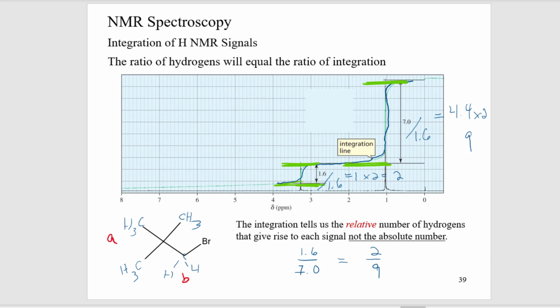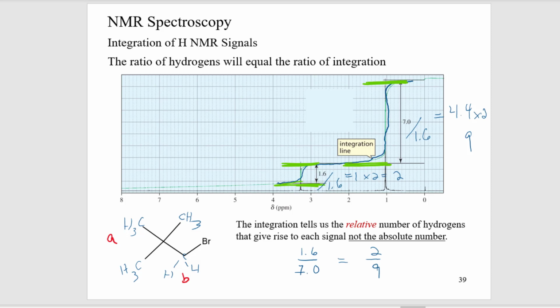And so notice that the NMR gave it to us in a 1.6 to 7 ratio. The NMR has no idea how many hydrogens there are, in the sense of giving you the absolute number. It just calculates the ratio given the integral. So we just get some ratio, and we know that we have to have a whole number of atoms. We can't have half an atom.